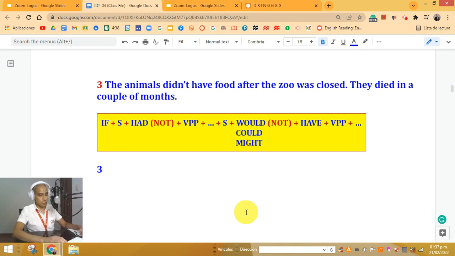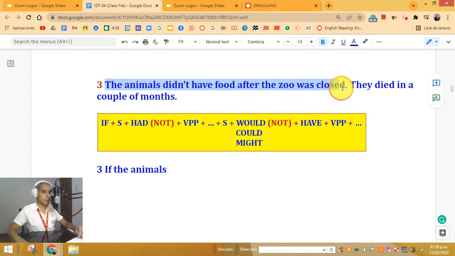So the first thing that I have to do, remember, is we put a conditional. In this case, the conditional is if, then the subject, the animals. The animals would be the subject in this case. Now, next, what do I have to do according to the formula? First, remember, we have to check if this is affirmative or negative. So let's see.